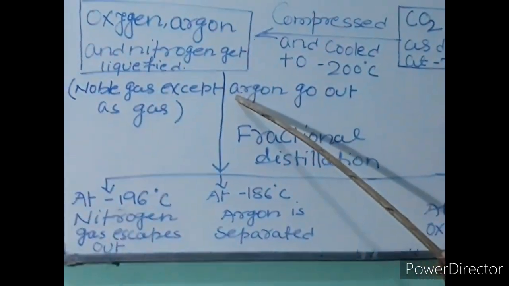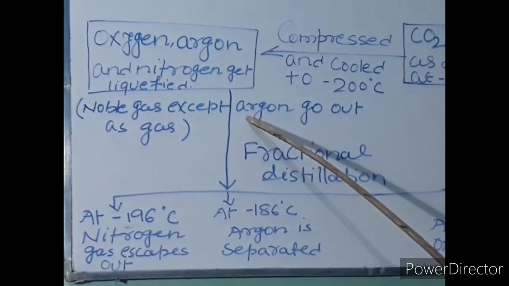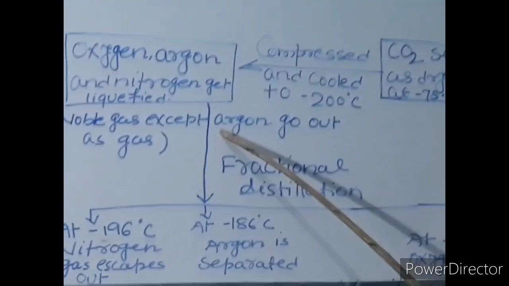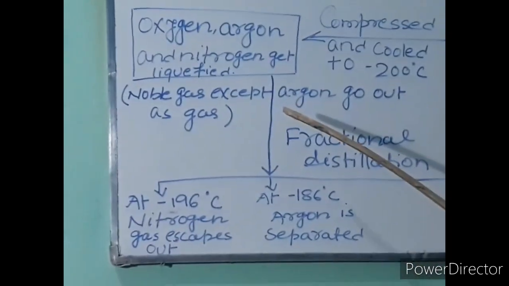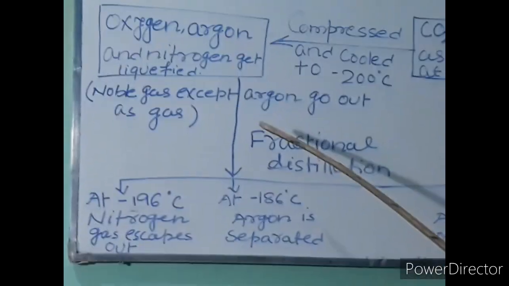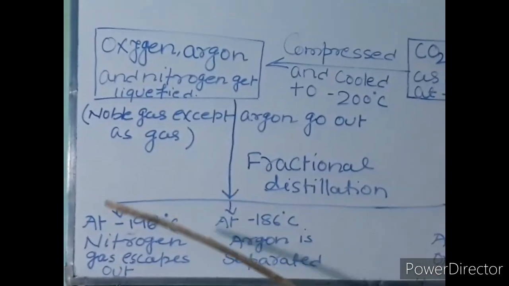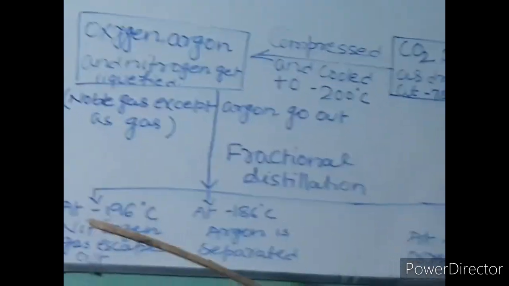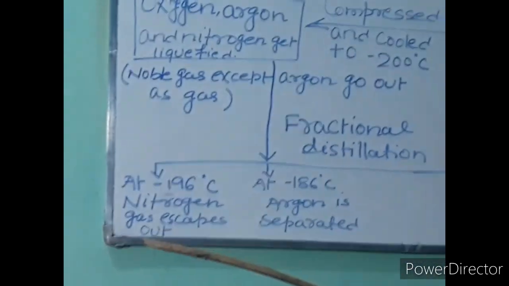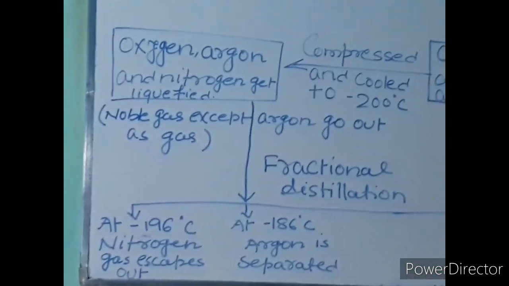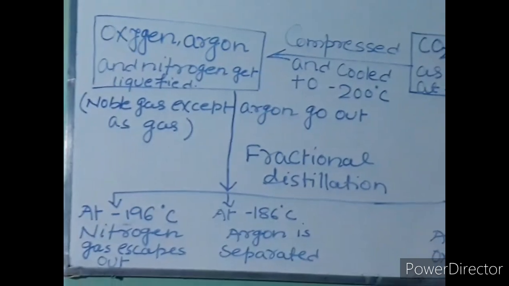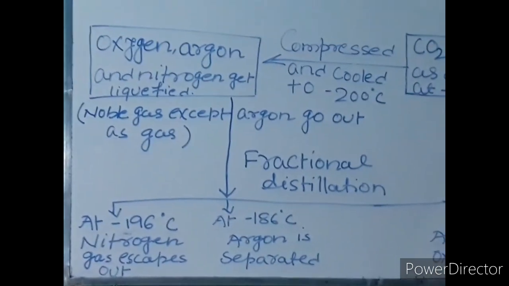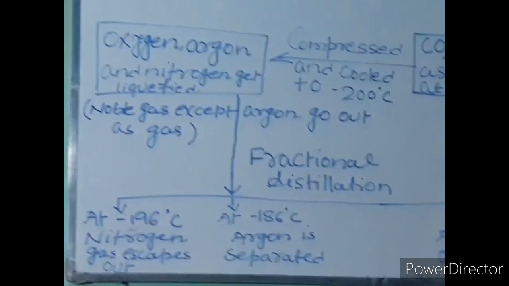Helium, neon, argon, krypton, xenon and radon are known as noble gases. These 6 gases are known as noble gases.